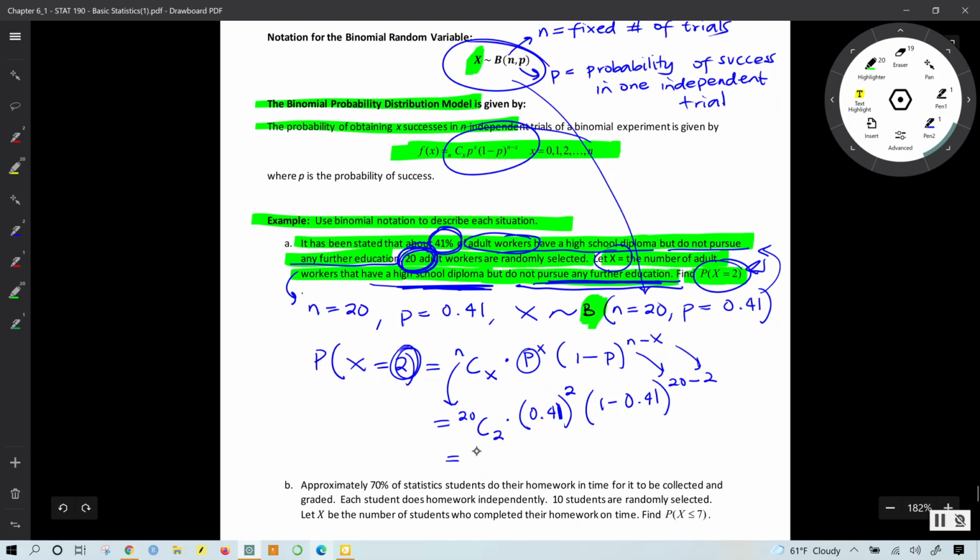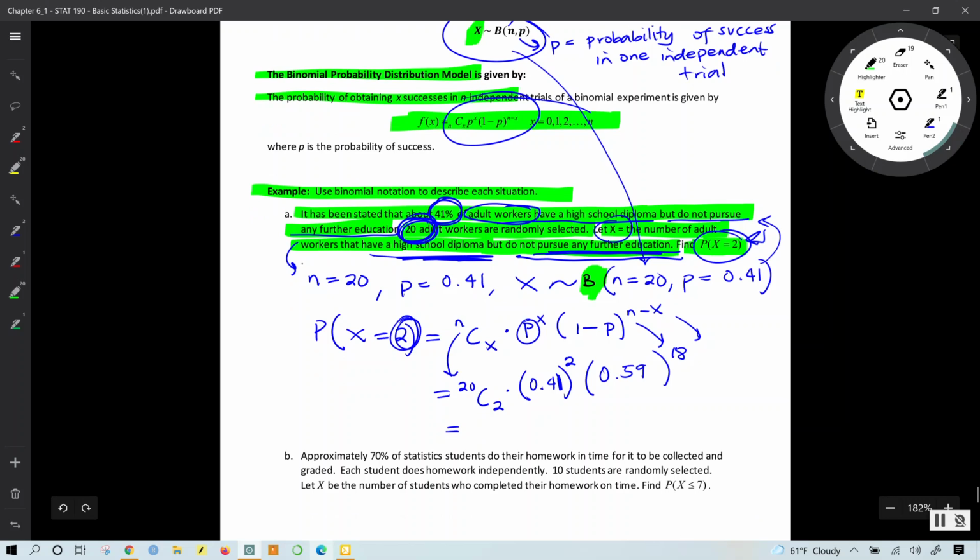So we have 20 combination 2 times 0.41 raised to power 2 multiplied by 1 minus 0.41 raised to power 20 minus 2. 1 minus 0.41 is the same as 0.59. 20 minus 2 is the same as 18. So how do we get 20 combination 2, this value, and then this value?